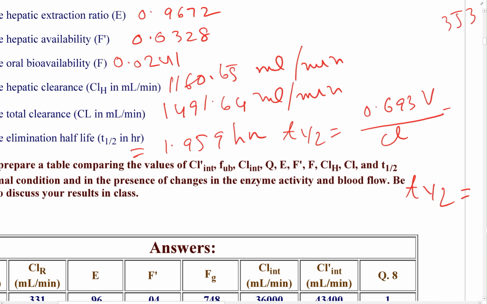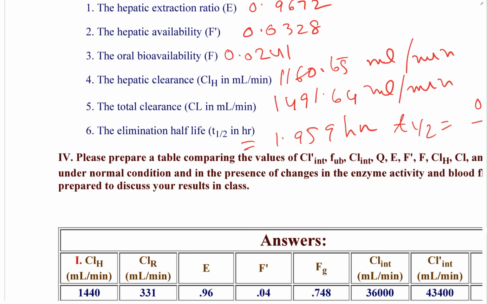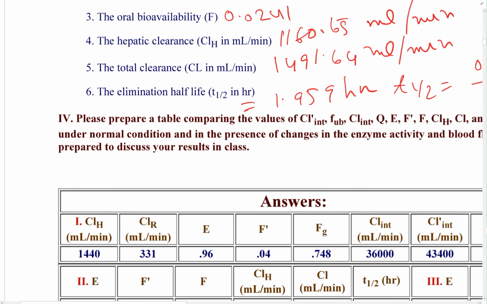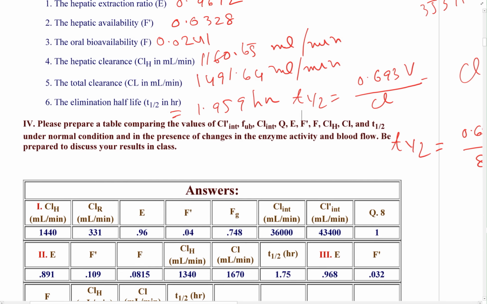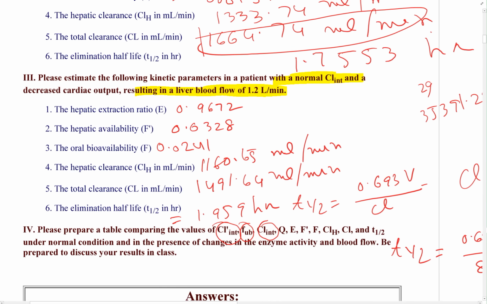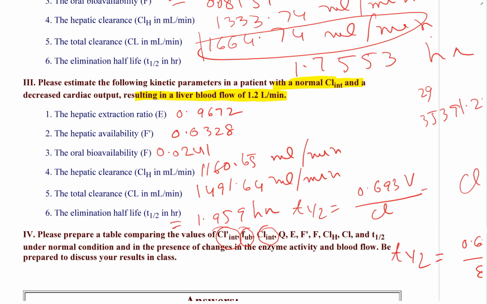So with this I'm done with these assignment videos, but I am asking you to please prepare a table comparing all the stuff: intrinsic clearance of free drug, fraction unbound, and intrinsic clearance, and how it changes, so that you will have an idea of how blood flow and drug properties change the metabolism of a drug.